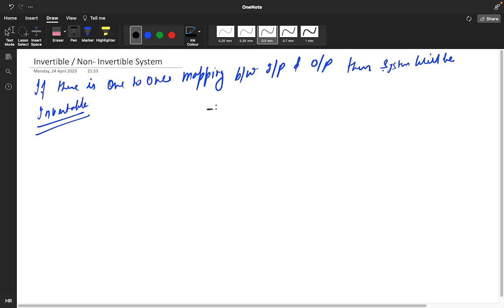Like minus 1 cubed, what will you get? Minus 1. So this is invertible.